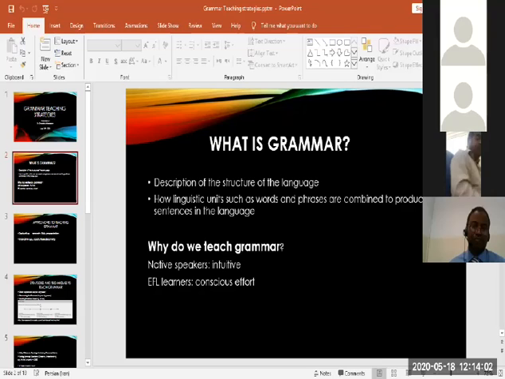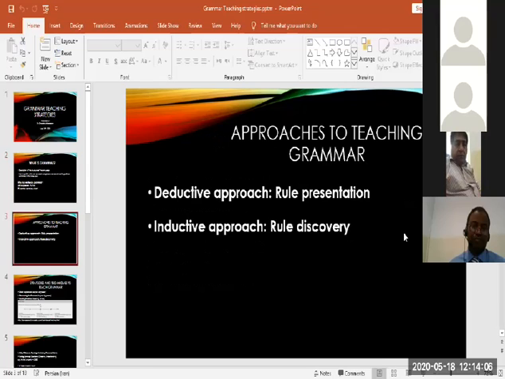Now, generally speaking, there are two general approaches to grammar teaching. One is called the deductive approach, and the other one is called the inductive approach. The deductive approach involves rule presentation by the teacher and learners' production of the language based on the rules.